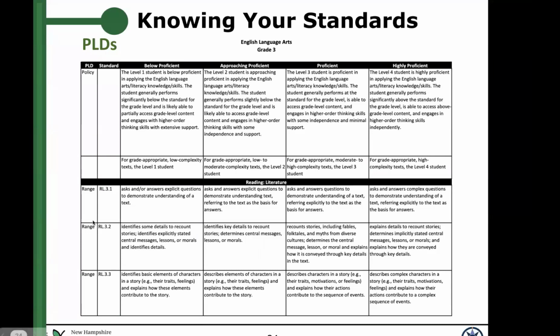So you can see here that we've got your 4 levels of proficiency, right? Below, approaching, proficient, or highly proficient. And then it lists the actual standard here. So reading literature, right? Standard 3.1. So this is telling me the grade, and this is what standard number it is for reading literature.